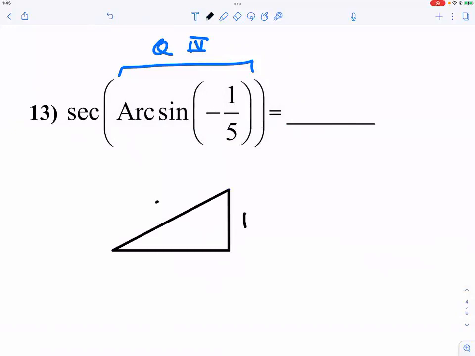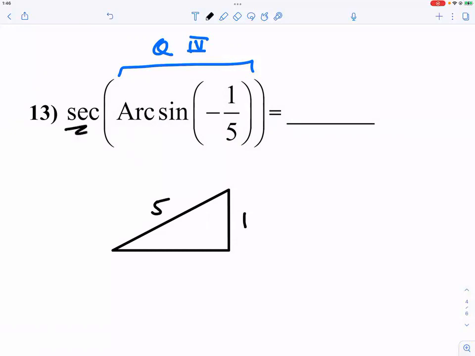Now, it doesn't have to be perfectly accurate, but it should make some sense relatively. Like if the ratio is 1/5, that means it should have opposite being 1, hypotenuse being 5. So at least it makes somewhat sense.